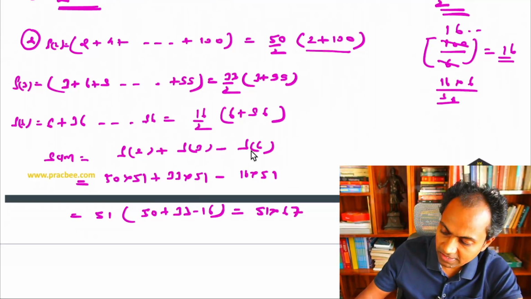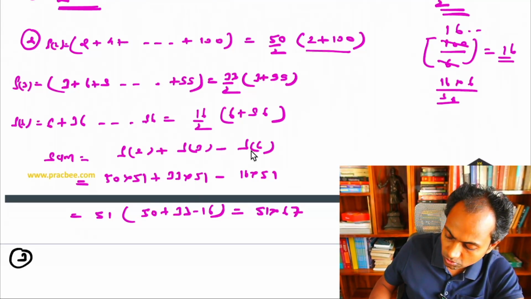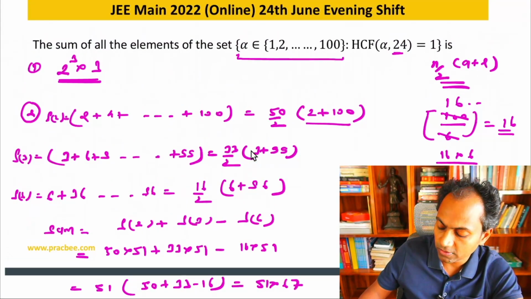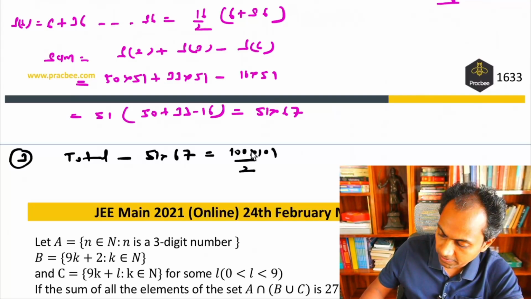Now in the next step, since we want to find where this does not happen, the total minus 51 into 67 should give us the answer. The total sum from 1 to 100 is n into n plus 1 by 2, so 100 into 101 divided by 2, minus 51 into 67. If I simplify this, it comes out to be 1633.